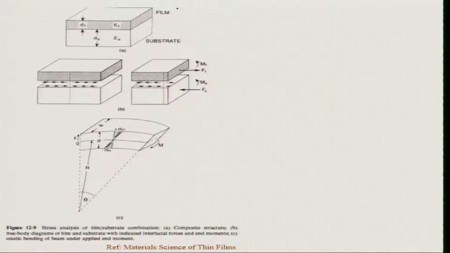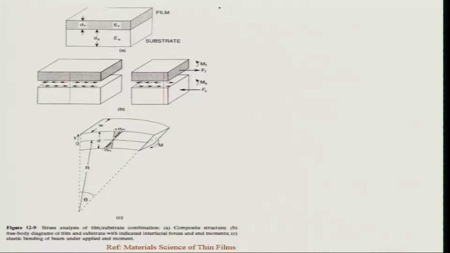So here we show how this technique works. We have a film which has a certain film thickness, and we relate it to the stresses in the film, and with the Young's modulus.